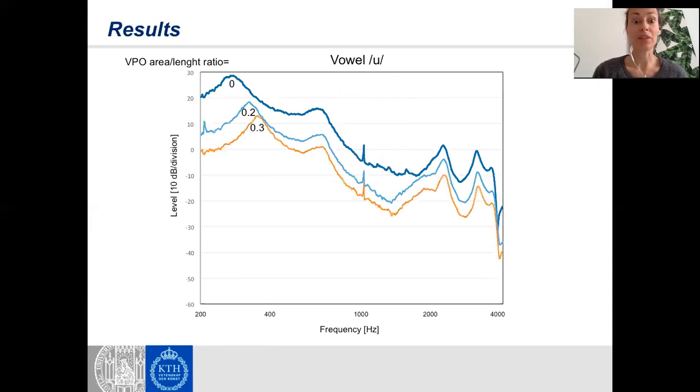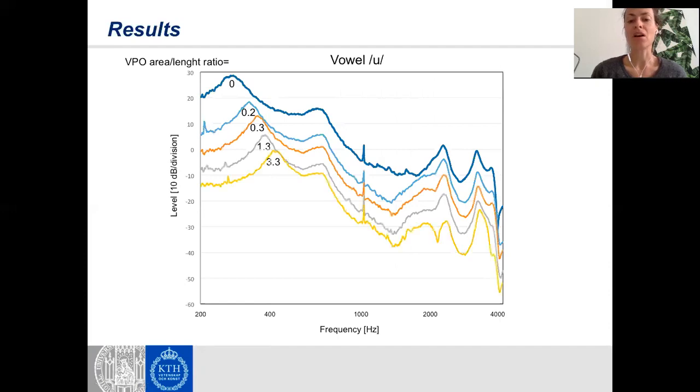So you can see some effects here that are going to be more pronounced with a wider VPO tube. You get more and more effects of the coupling with the nasal tract when you widen the tube. Clearly seen here in the lower frequency region, where the first formant peak travels up in frequency.